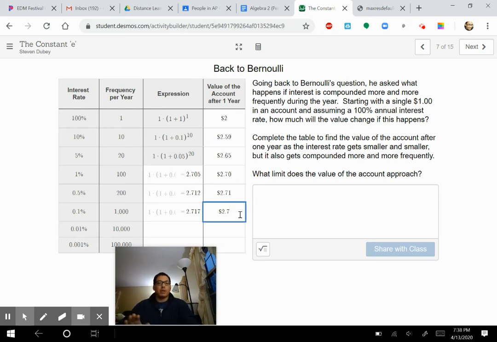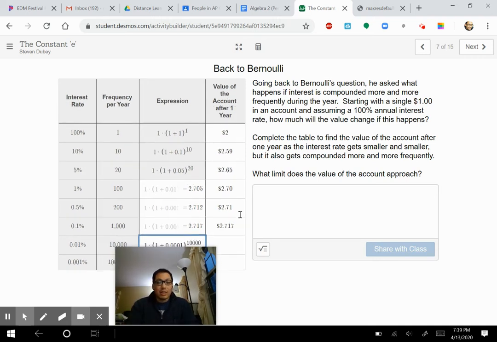Even though I know you can't go past a penny, let me write this value down, 2.717. We'll keep going. 1 times 1 plus 0.0001. So if this would be 0.1%, we need another 0 in here. So a really, really tiny amount we're increasing it by. But now it's happening 10,000 times.